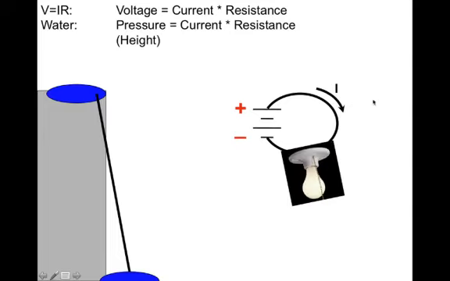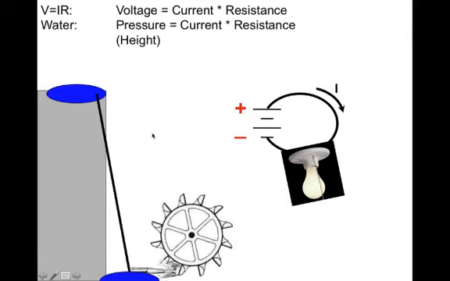So we throw a light bulb in and we force this current through that tiny filament to heat it up into thermal energy, into radiant energy. Just as if we were to not let the water just flow down the hill, but flow through a little turbine that turns that potential energy of the water into kinetic energy.